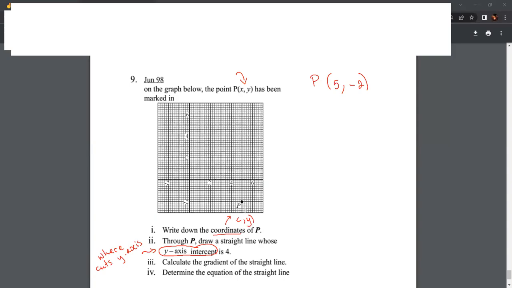So all I have to do is run the line through P so that my line is cutting through my number 4. That's all, that's it.